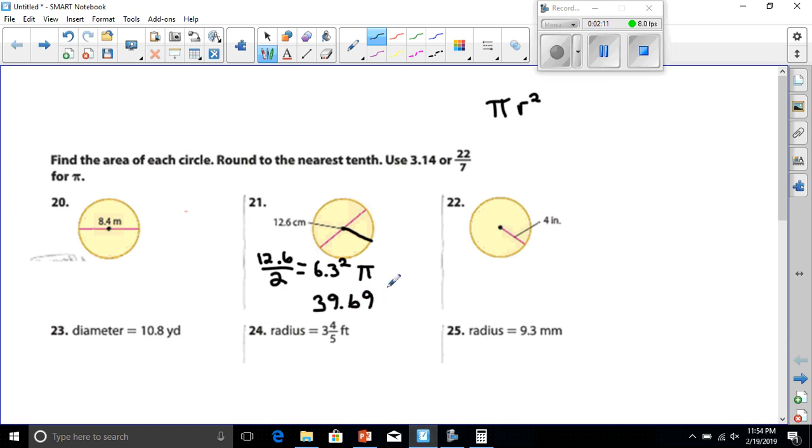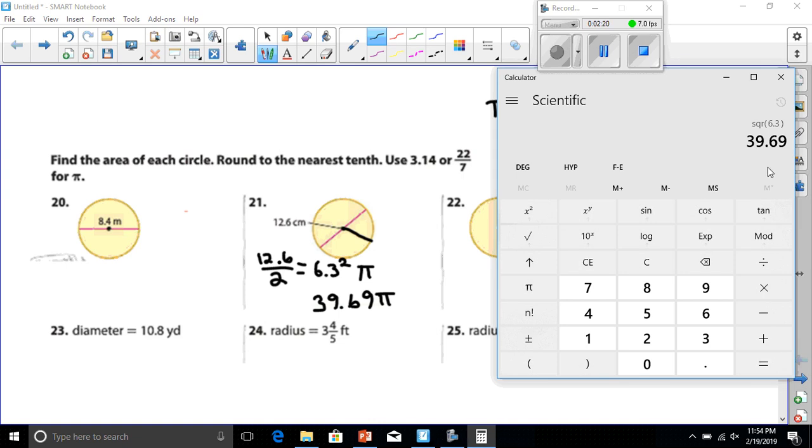Okay? And now we have to multiply that by pi. We can do that pretty easily since we've already got it up here. Now we just multiply it by pi, and they said that was 3.14. So times 3.14. That's going to give us 124.6266.